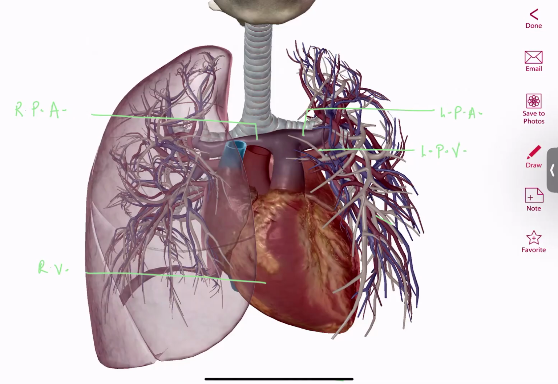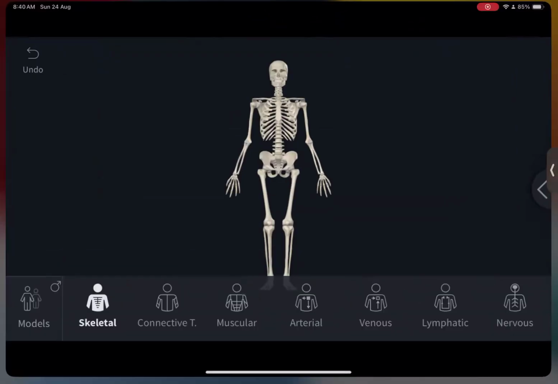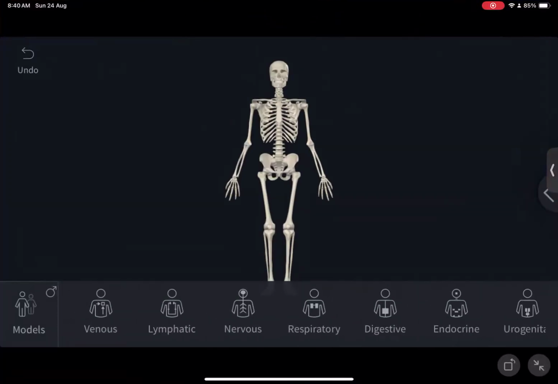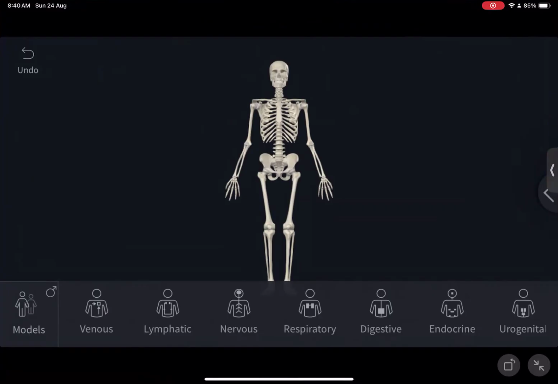And here is the second one actually. It's a branch that you can see a little unclear, but yes, it's definitely there. But I'll just switch to another model, which will help us to clearly see the pulmonary veins and the pulmonary arteries.